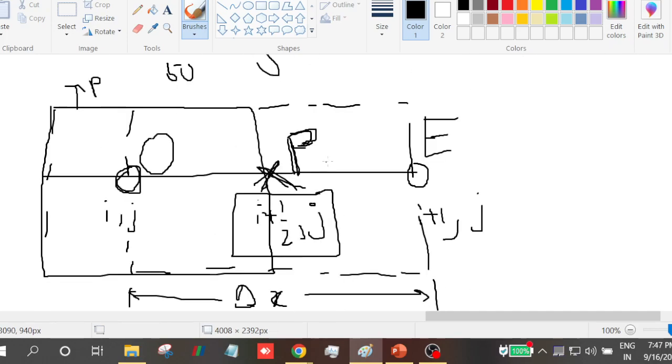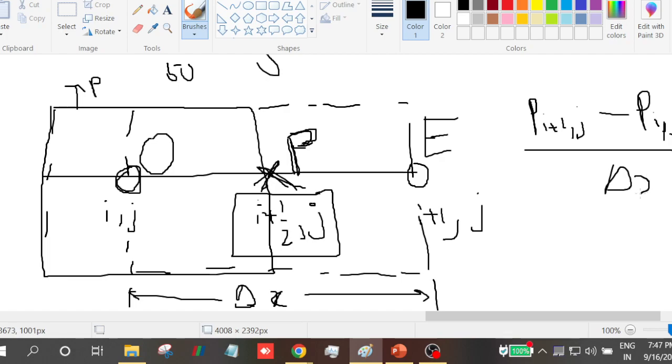Yes, it should be PE minus PO divided by delta x. Good. So what is that? P of i plus 1 comma j minus P of i comma j, divided by delta x.